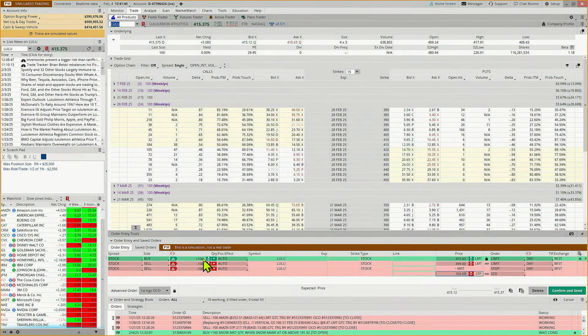And we're going to do 50 shares. And then I'm going to turn this firecracker into a paper clip. If I hit enter anywhere on the screen, these will now all line up. We're going to make this good till canceled. 415.63.